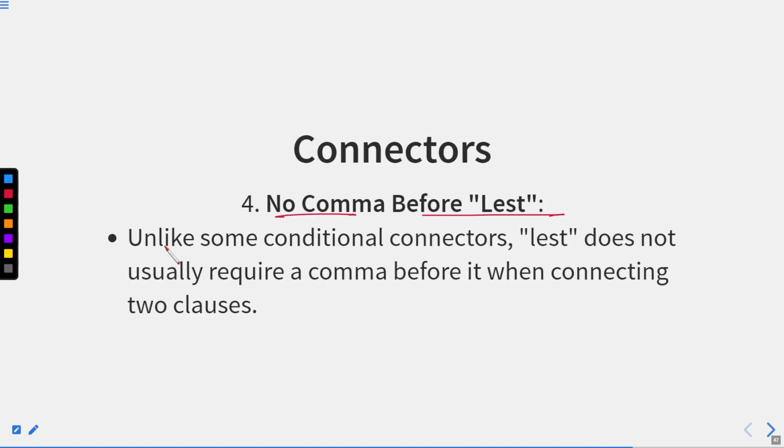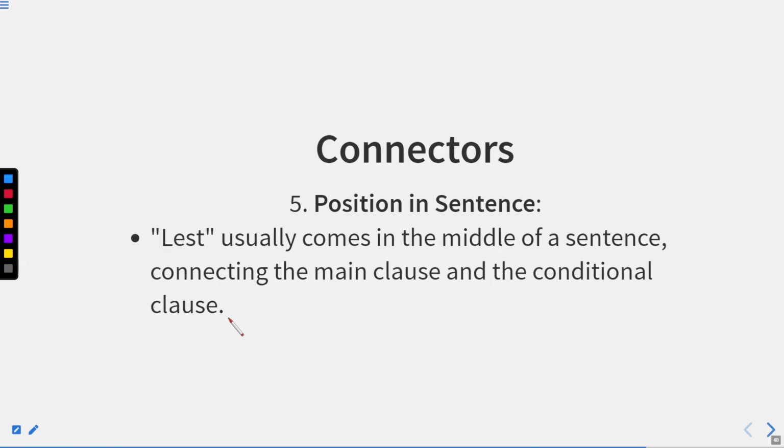No comma before lest. Unlike some conditional connectors, lest does not usually require a comma before it when connecting two clauses. So whenever we connect two clauses, there is no need to put a comma after the word lest. It is not required because there are many connectors we have seen in which we have not used a comma.